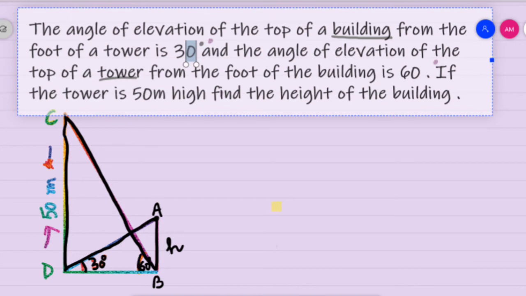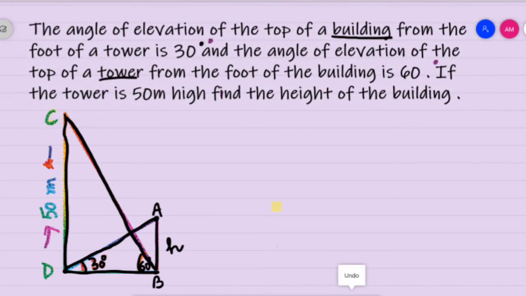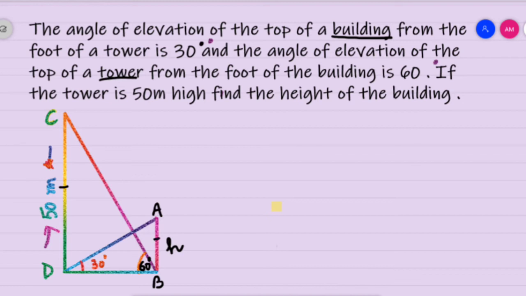To make the angle of elevation, you have to join the foot of the tower and the foot of the building horizontally. Then only you will be able to make the angle of elevation in both the sides. Now see, most important thing what you must understand here is, you have a tower, you have a building.